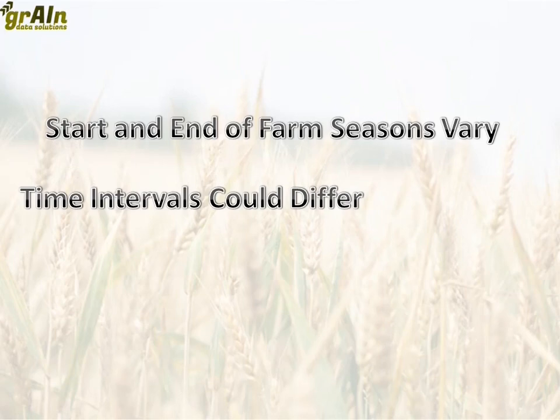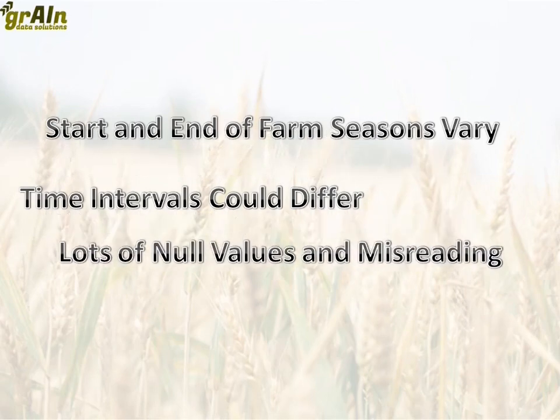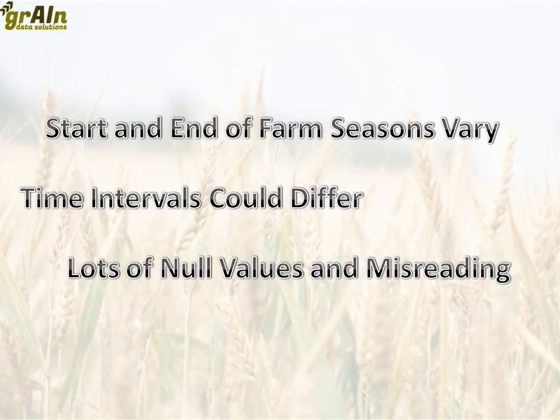For instance, your temperature sensor might read every minute, while your moisture sensor could read every hour or every day. Third, sensors could malfunction, misread, or go off, so you need to deal with many null values, outliers, and errors. As a result, any data science solution should take into account all of these factors.